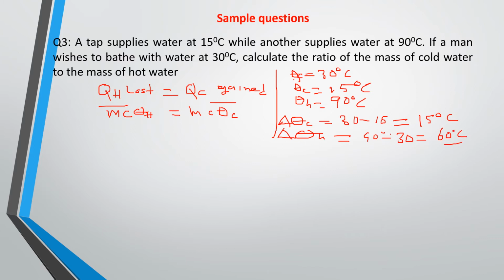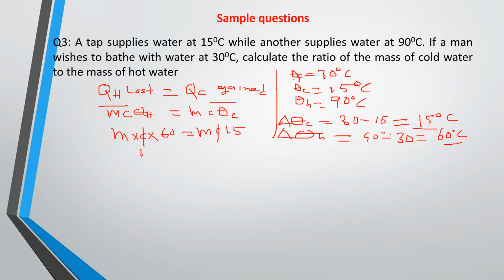Having known this, we can substitute into our equation. From this equation, we have mass of hot water times C times change in temperature of hot water, 60, equals mass of cold water times C times change in temperature of cold water, 15. They said to calculate the ratio of the mass of cold water to the mass of hot water. You know that this is water, so the specific heat capacity is the same, so this can cancel out.